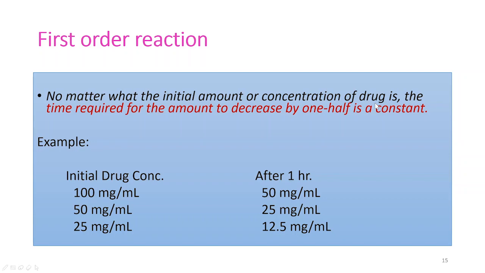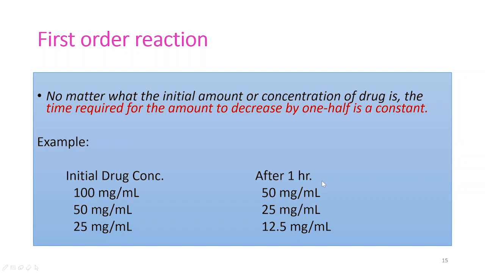Then after 1 hour, it becomes 50. So, it was reduced to 1/2. Now, another 1 hour passes. So, this 50 becomes 25. And this 25 becomes 12.5 and so on and so forth. So, looking at this, we can see that the half-life is constant because every hour, the drug is reduced to 50%.